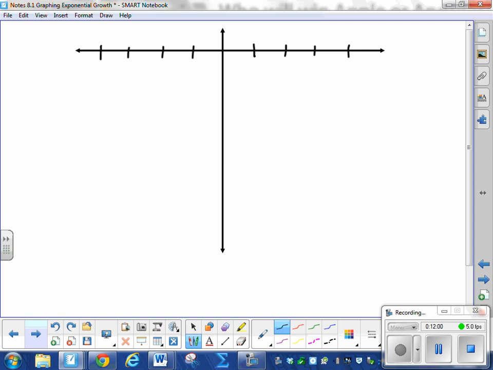All right, so the y part, let's make these kind of spaced out a little bit more, since we know that most of them are proper fractions. So if this is 1, -1, -2, -3.